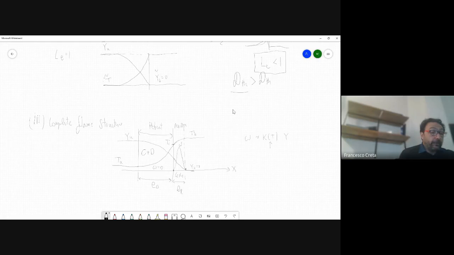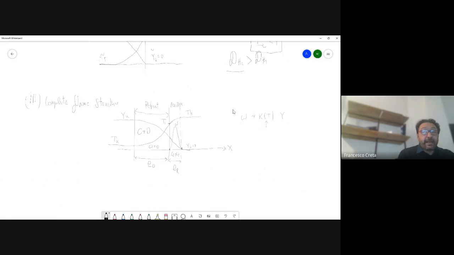Well, we can say that the reaction zone has a thickness which will be essentially measured in the time scale of the reaction times a convective velocity, which is UU, for example. And so it's essentially a reaction time times SL.